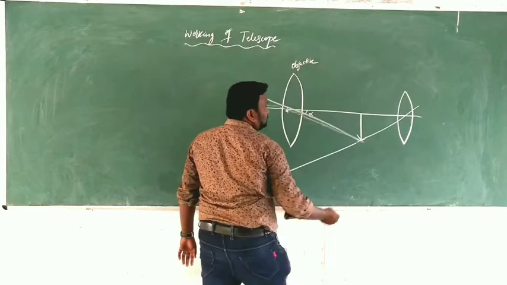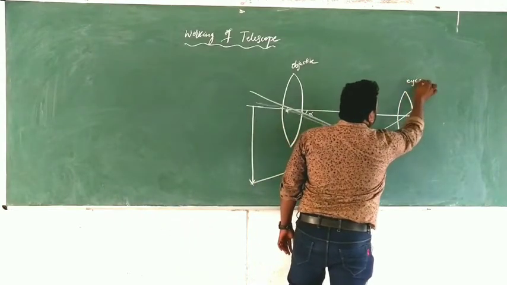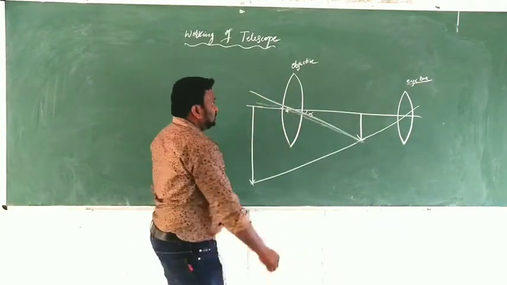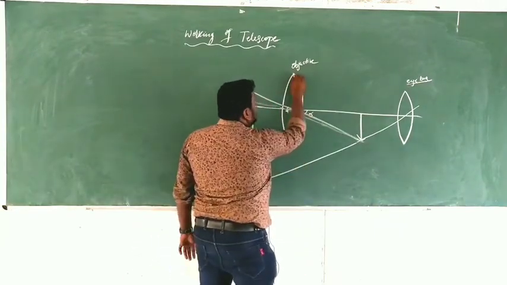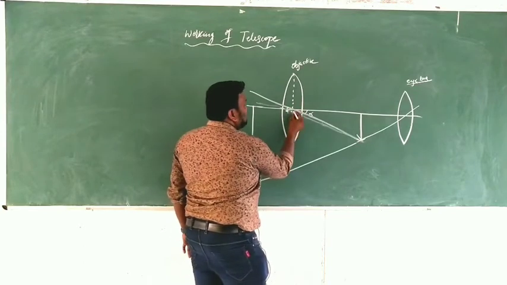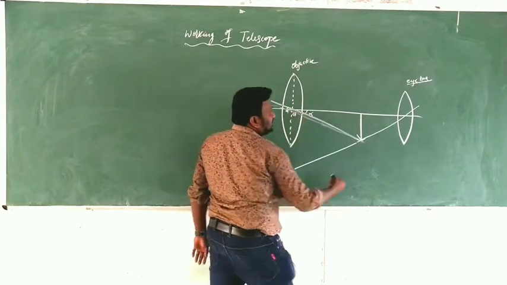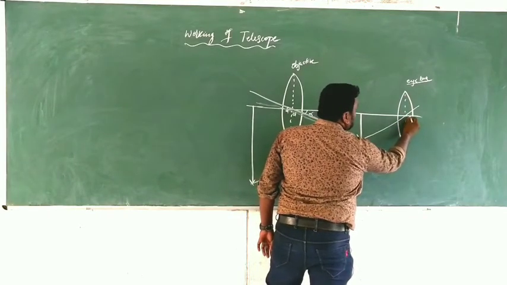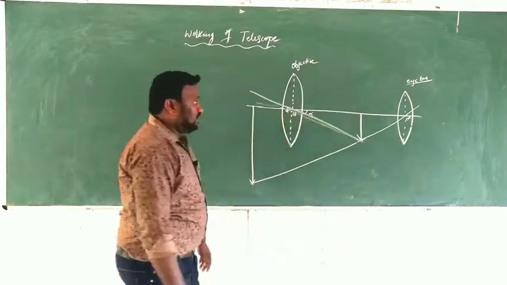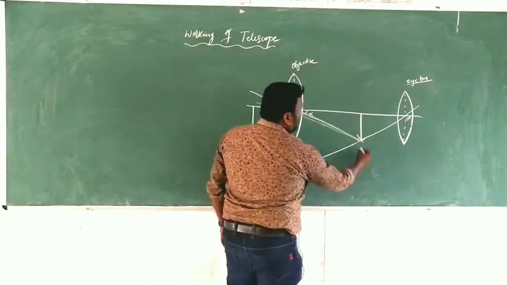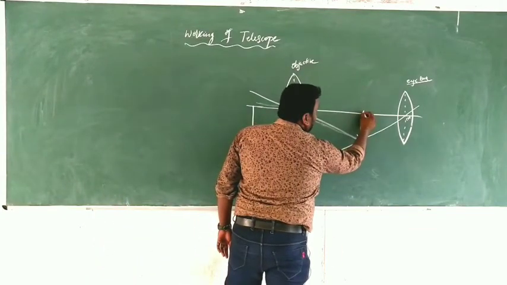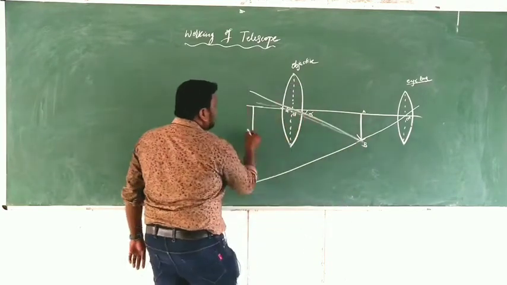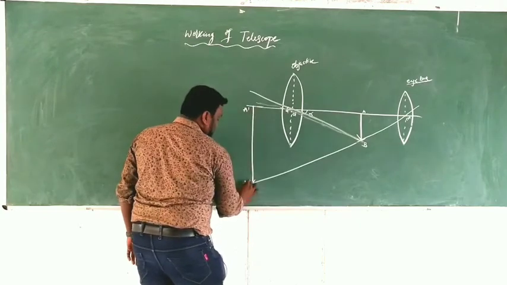This is the objective and this is the eye lens. This optic center is taken as O dash, and this is the optic center of the other lens, taken as O double dash. And I am taking this as A B, and this as A dash B dash.